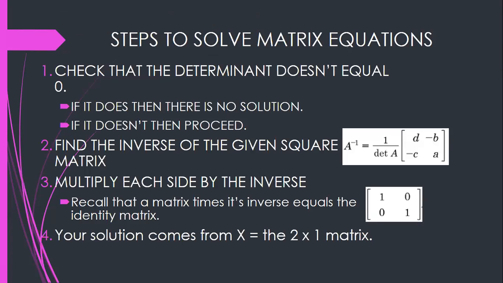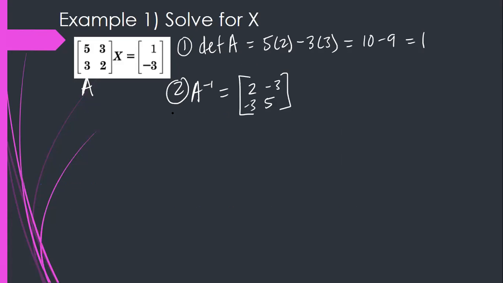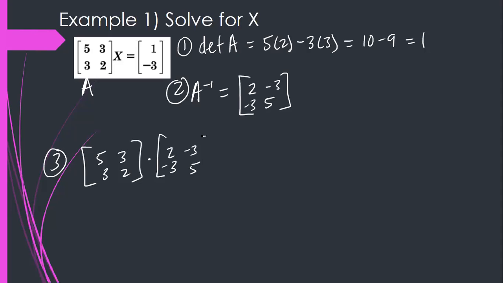Now it says to multiply each side by the inverse. Well, when I multiply 5, 3, 3, 2 times the inverse, 2, -3, -3, 5, x equals 1, -3.